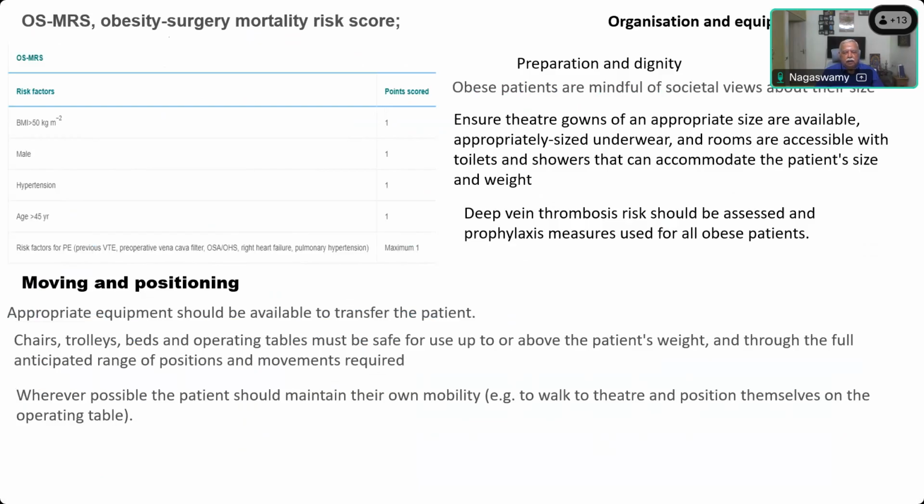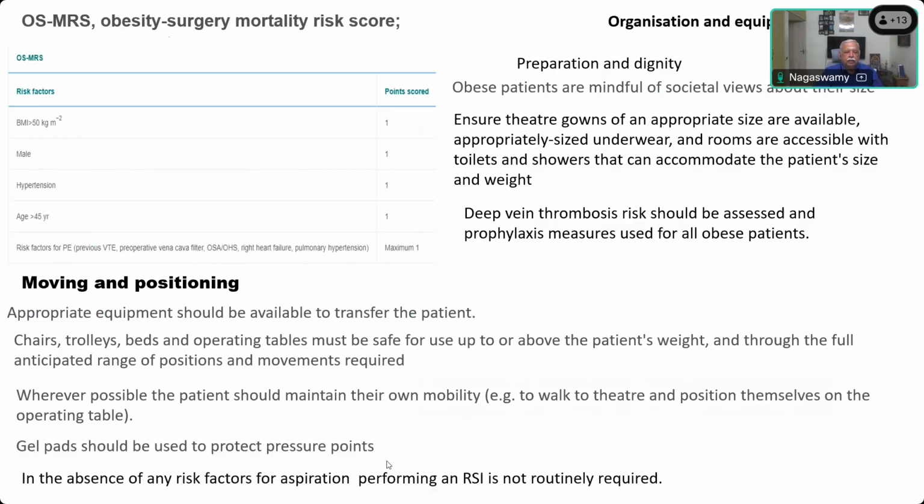So I sprayed the nostril and oral cavity, explained the thing to the patient, did the awake blind nasal intubation, secured the tube nicely, and then asked the patient to position herself prone, and we completed the surgery without any complication. So that suggestion in Miller was tried and I was successful in doing that. Now they are recommending that the patient can even walk to the theatre and position themselves on the operating table. And a gel pad should be used to protect the pressure points.